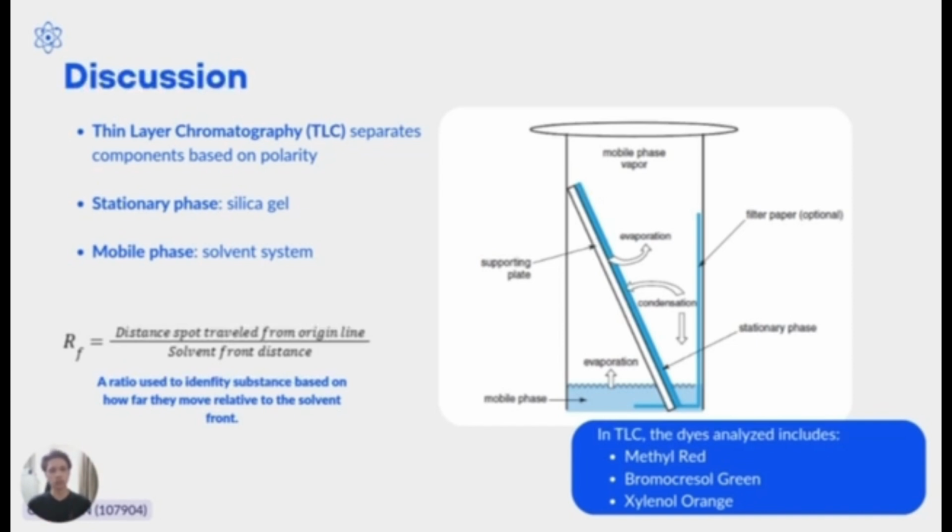It is a ratio used to identify substances based on how far they move relative to the solvent front. In this experiment, there are three dyes that are analyzed: methyl red, bromocresol green, and xylenol orange. There's also a mixture of all three dyes that is to be analyzed.